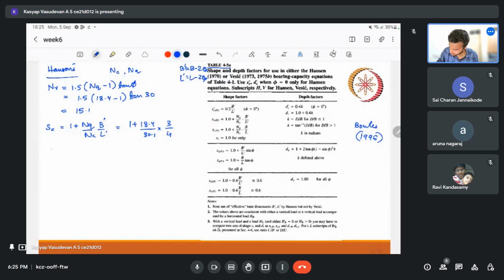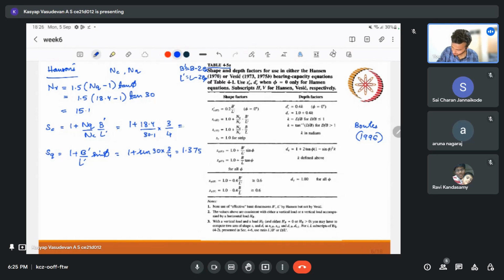Now the other factors. Sq is given as 1 plus B dash by L dash sine phi, that will be 1 plus sine 30 into 3 by 4. This is 1.375.